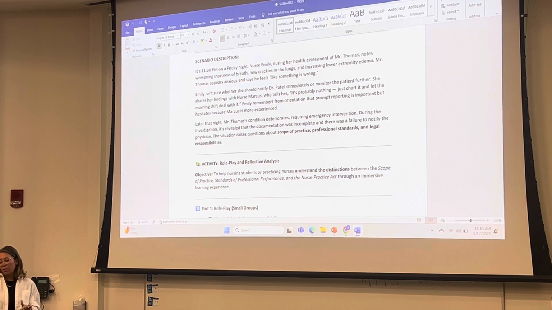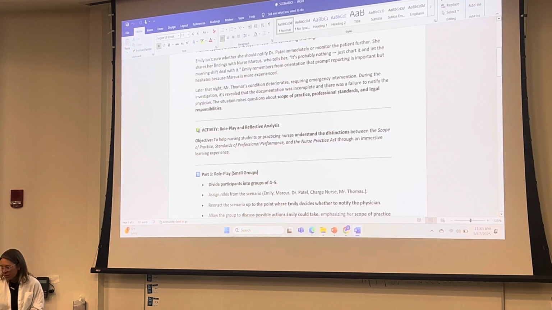Somewhere along the way, the nurse should have been triggered, but they didn't follow up on it. The situation raises questions about scope of practice, knowing what you're responsible to do and carrying it out; professional standards that go along with that; and legal responsibilities, the consequences for not following your scope and doing what we're supposed to do.